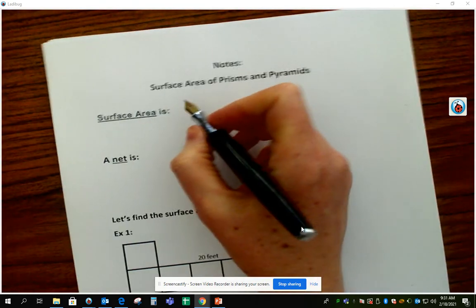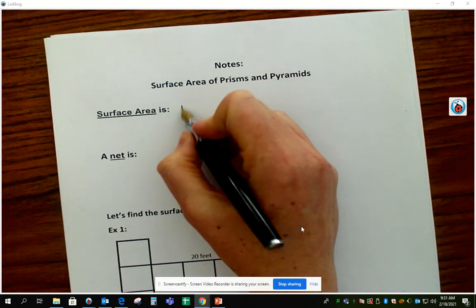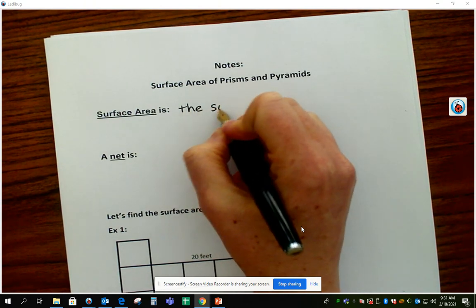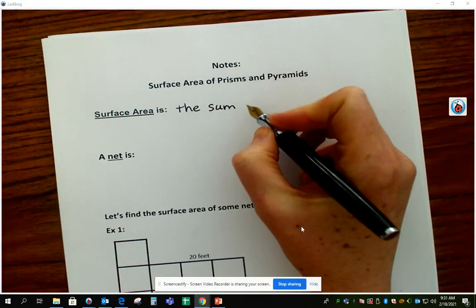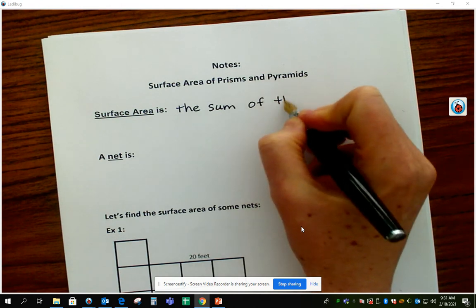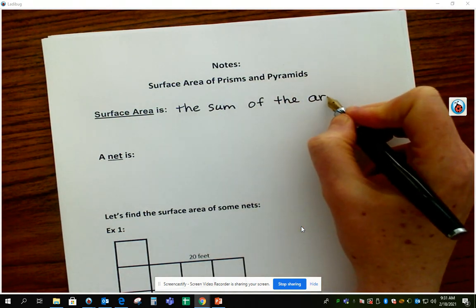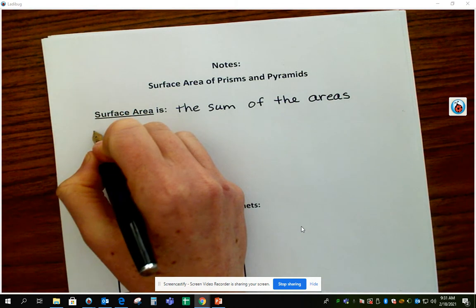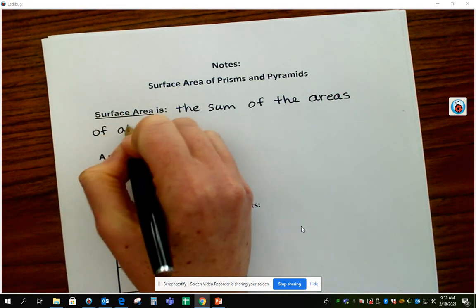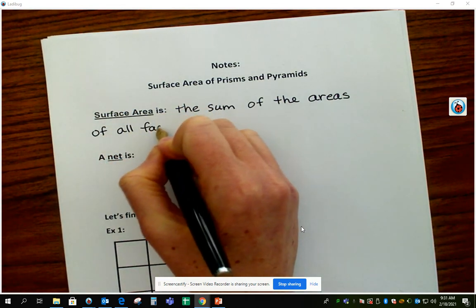So for our definition, surface area is the sum, that means we're going to be adding, right, of the areas of all faces, or surfaces.